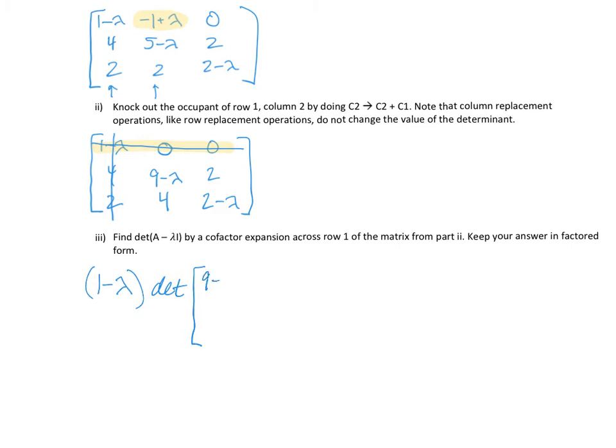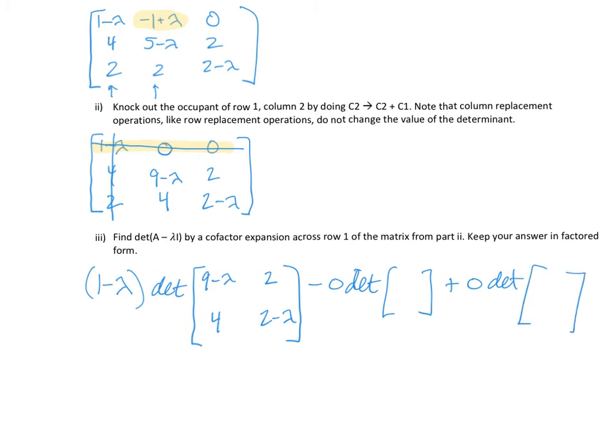So I get 9 minus lambda, 2, 4, 2 minus lambda. And then because of the other two zeros, this would be minus 0 times the determinant of another 2 by 2 plus 0 times the determinant of another 2 by 2, but it's not going to matter because of those zeros.